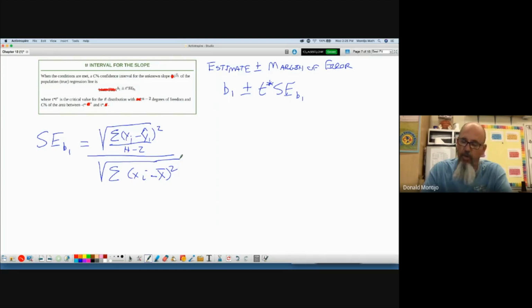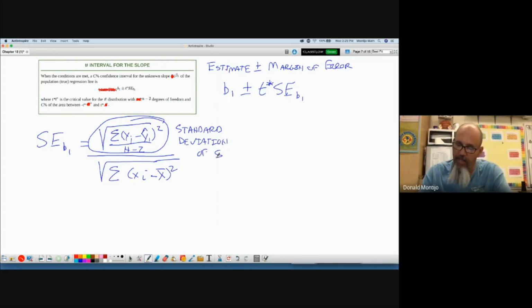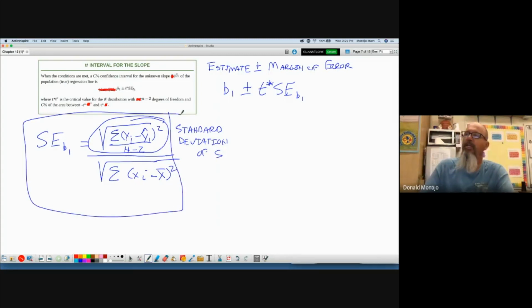Observed minus predicted, we've heard that before. That's a residual. This top piece is just a fancy way of saying the standard deviation of the residuals, S. And then you divide that by the square root of the summation of x sub i minus x bar squared. I know this is crazy, but for the most part, we're going to be looking this up in a table.